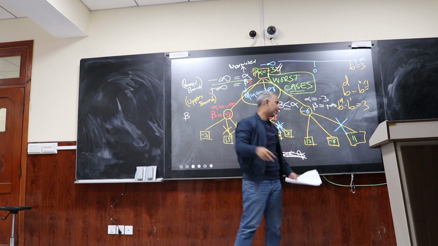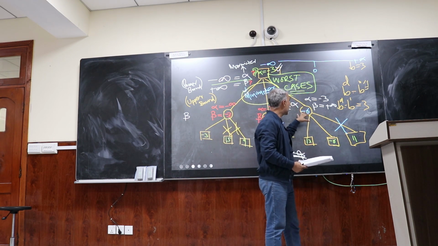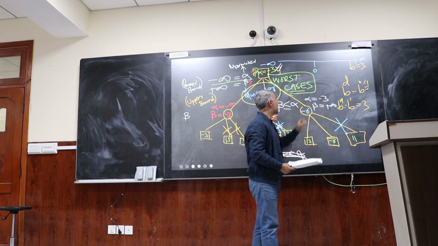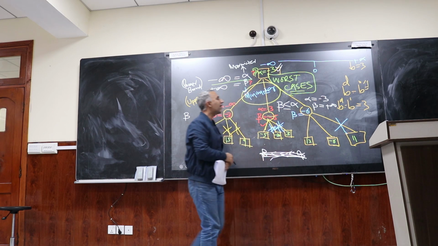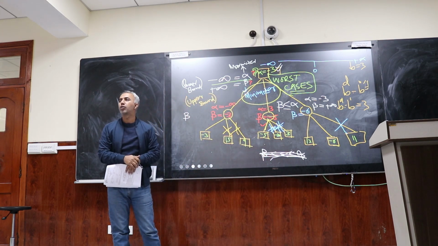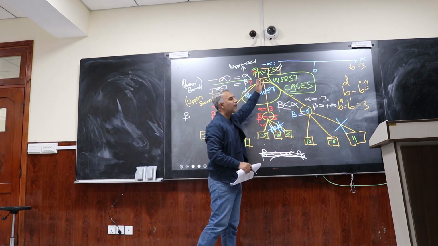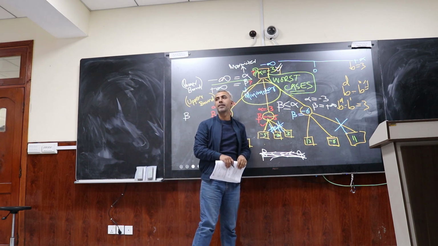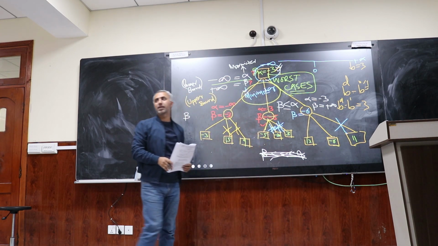So here beta is minus 6 and alpha is minus 3, two possible values. Again, updating, what will be the answer? Minus 3. So minus 3 is the winner, the maximizer.